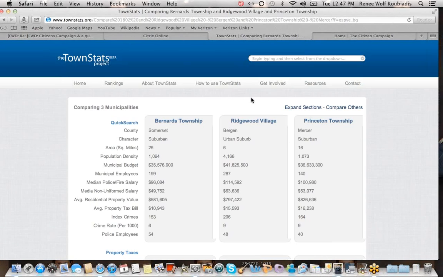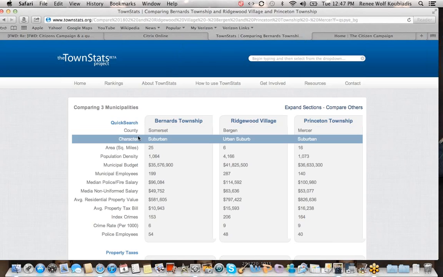If you look at the top of this comparison page that compares Bernards Township with Ridgewood and Princeton, there's a category under quick search called character, and what that does is break down municipalities into the five standard characterizations used by the state police, which is urban, suburban, and so on.